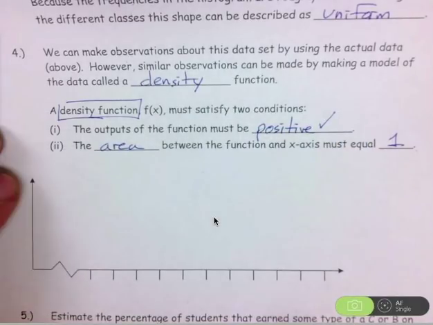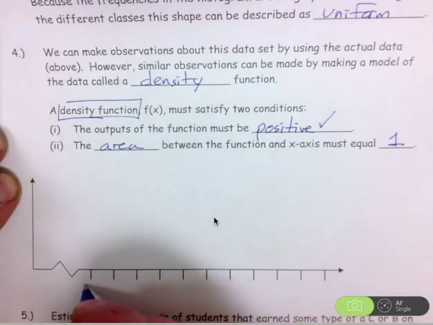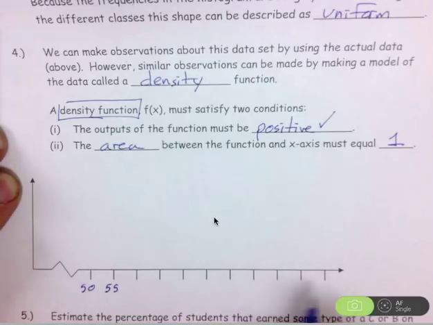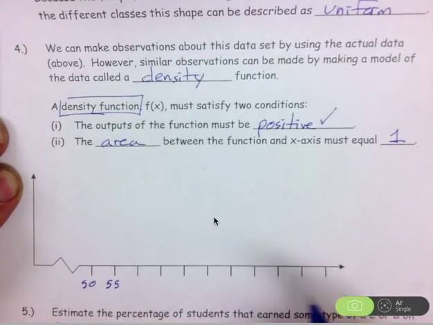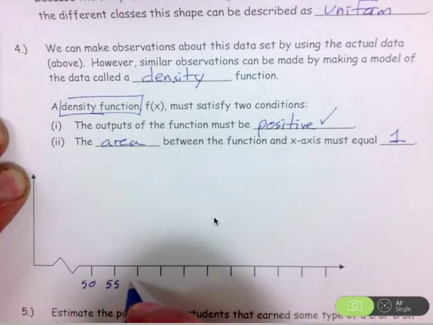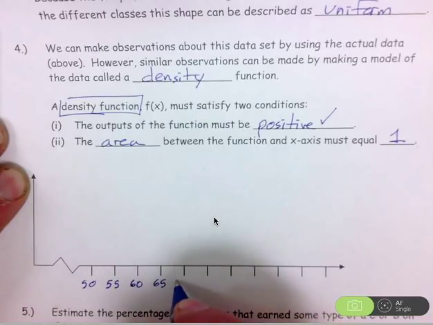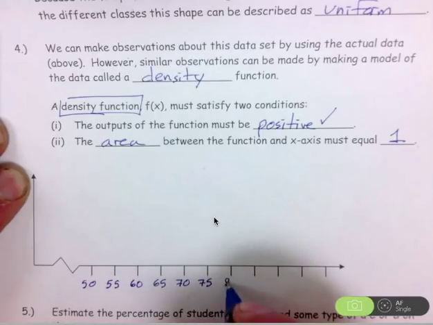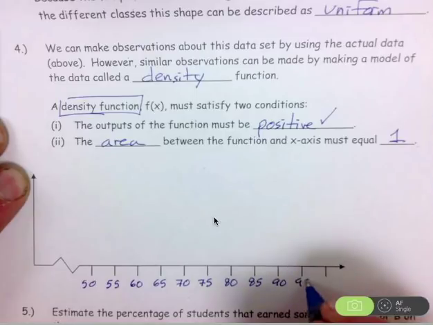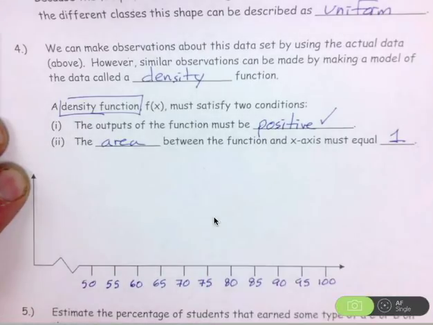So let's start at, let's say 50, because I think our lowest score is 55, and that should get us up to 100 here on this scale. So I'm going to go in increments of 5, label the x-axis, the horizontal axis. All right, that worked.